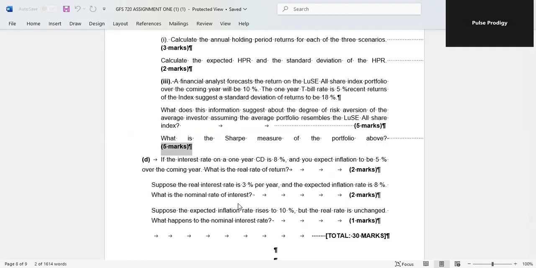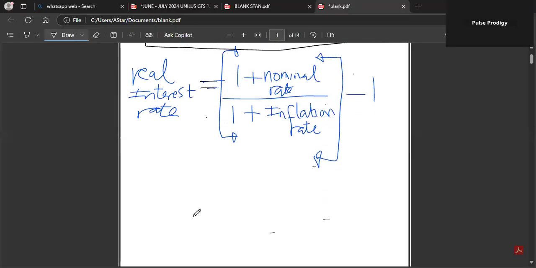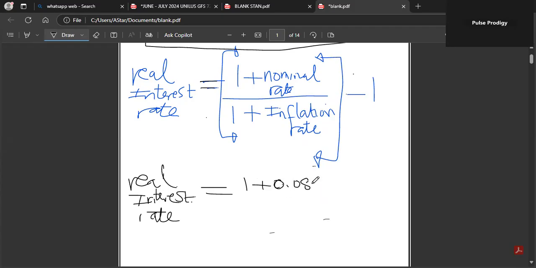So the solution: our real interest rate is going to be 1 plus the nominal rate, 0.08, over 1 plus inflation rate, 1 plus 0.05, whatever you do, minus 1.